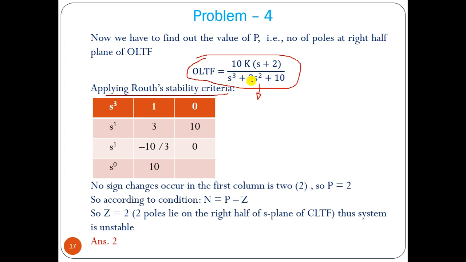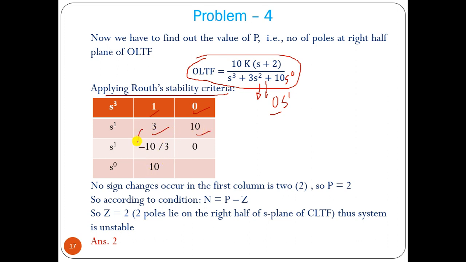So 1, 3, s cube plus 3s square plus 10. Here we have a missing term, 0 into s to the power 1, plus s to the power 0. So 1, 1, 3, then 0, 10. So this is 0, minus 10 by 3, and then it should be 10.